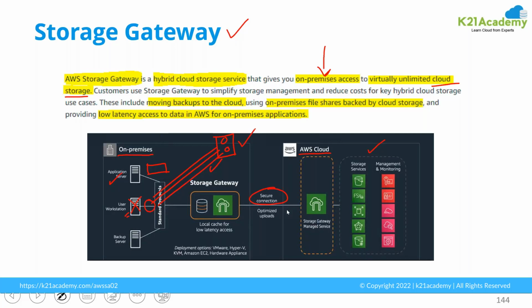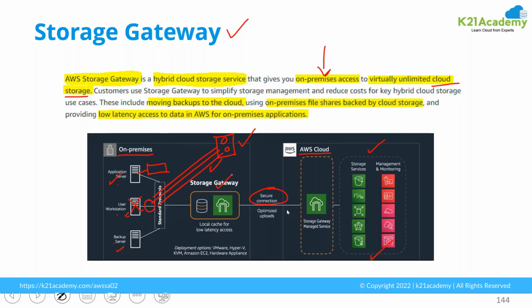So if you have a directly attached volume or a file storage or a backup server, anything there in on-premise can be connected to the storage services which are available in the cloud with the help of storage gateway. How can we deploy it? It's very simple. We just have to place an order with Amazon.